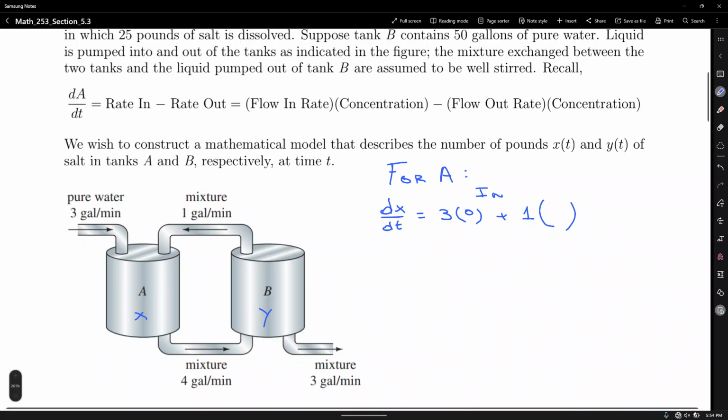They change over time. So we don't know. So whatever y over the total volume, which in this case is what? 50, right? Okay. So that's what's coming in minus what's coming out.